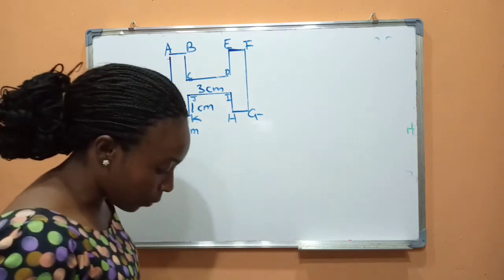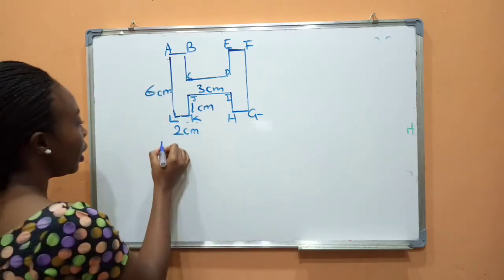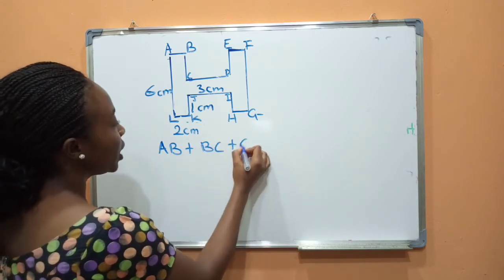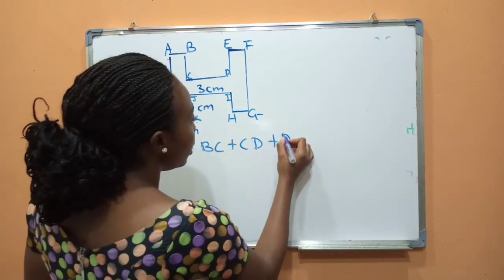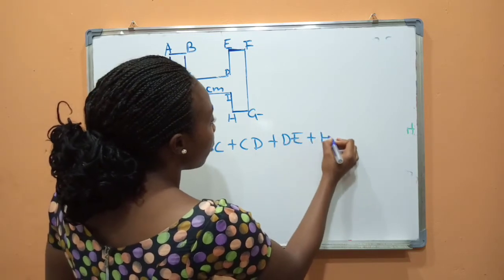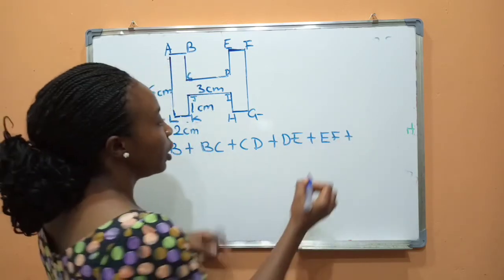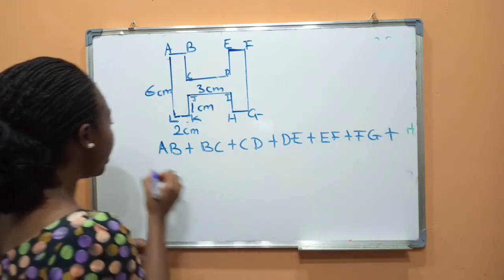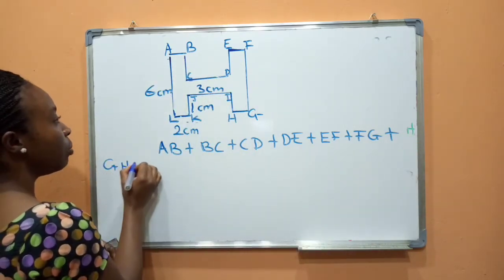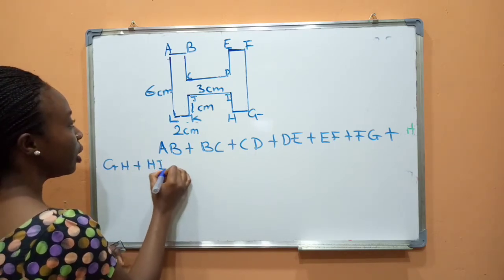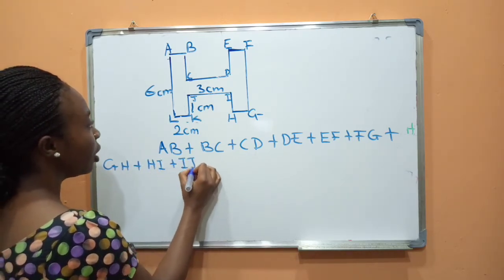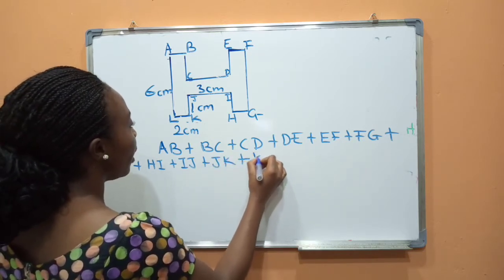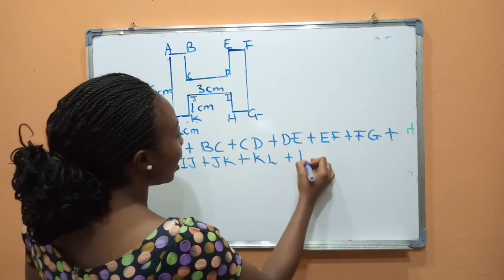So now that we have found this, we are going to have AB plus BC plus CD plus DE plus EF plus FG plus GH plus HI plus IJ plus JK plus KL plus LA.